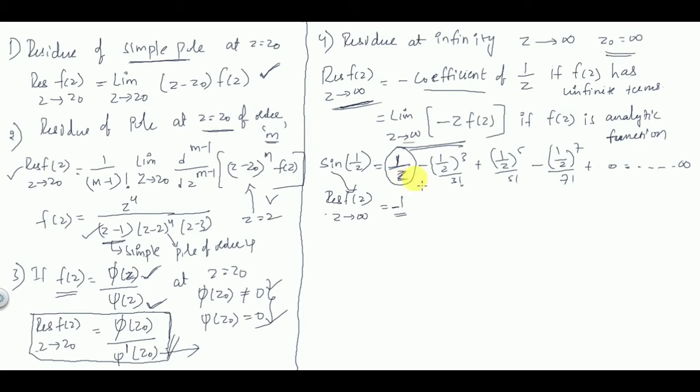The coefficient here is 1, so it is minus of this coefficient, so it is equal to minus 1. So the residue of f of z at z equal to infinity is equal to minus 1. Okay, this is how we can calculate the residue at z equal to infinity.